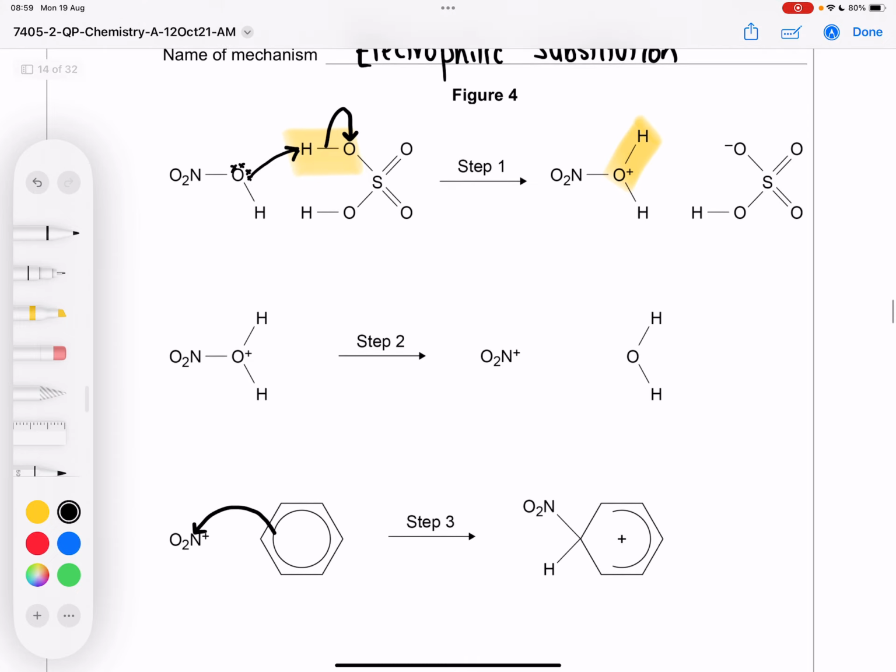And we'll do the same thing in the next one. We can see that the difference is we've broken this bond here, and so we're going to take this bond, and we can notice that the nitrogen becomes positive and the oxygen becomes neutral, so the electrons must move towards the oxygen to get rid of the minus on the oxygen and to leave a plus on the nitrogen. So we can add that curly arrow as well.